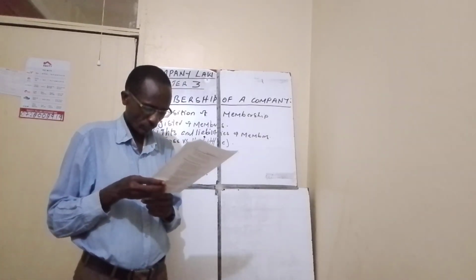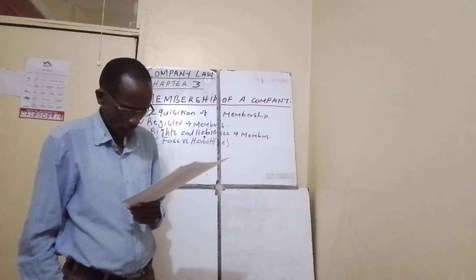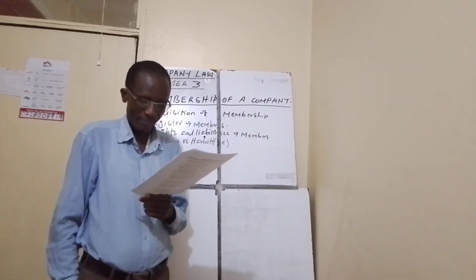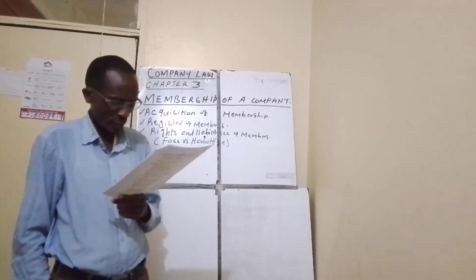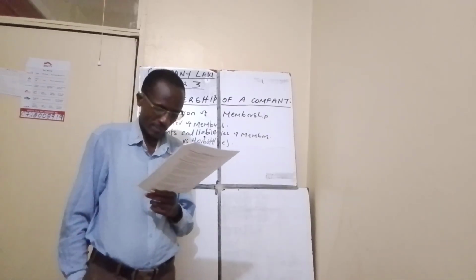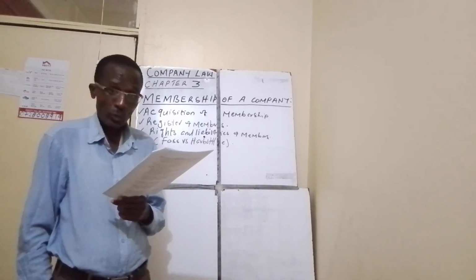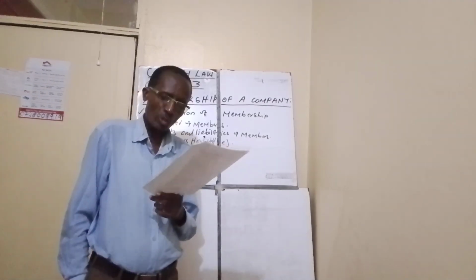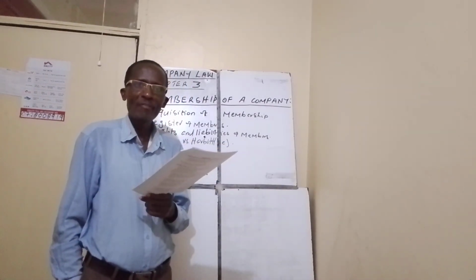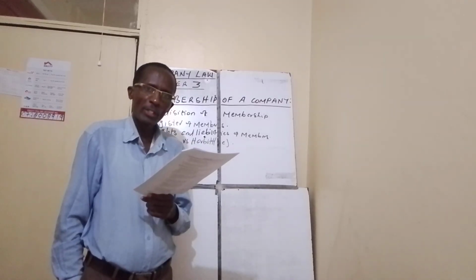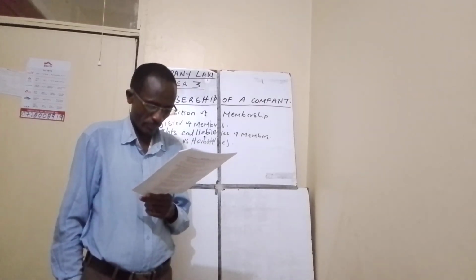As such, the majority rule prevails and the courts only interfere if the majority decision, arrived at in accordance with the law or articles, is actuated by bad faith or benefits the majority only.